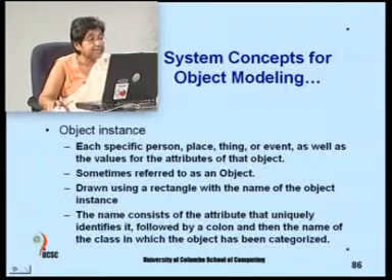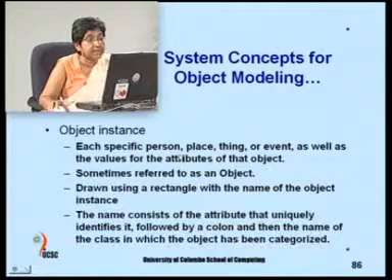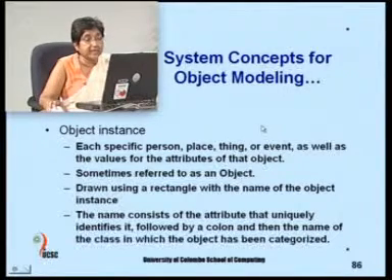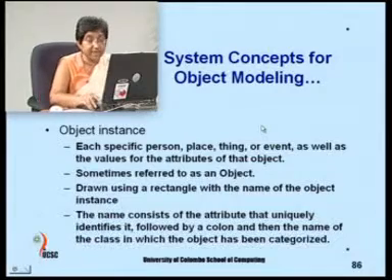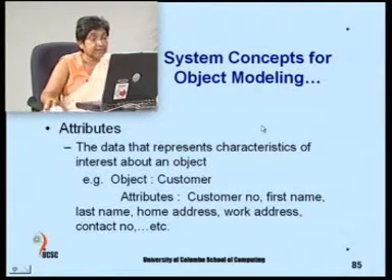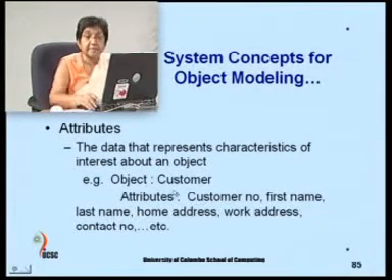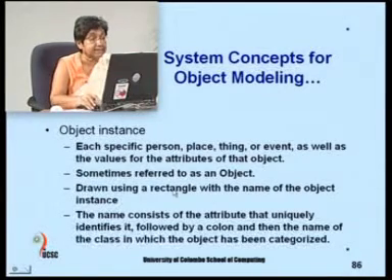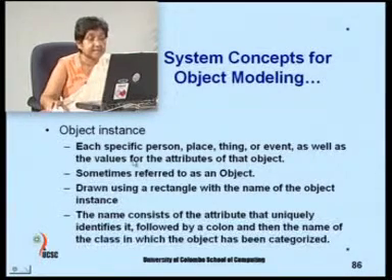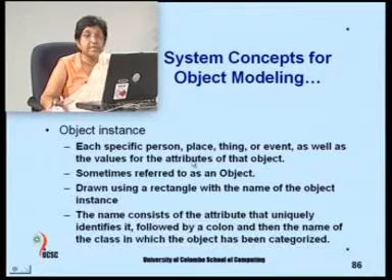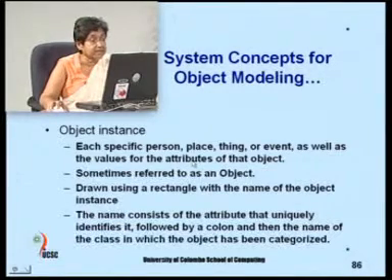An object instance is each specific person, place, thing or event, as well as the values for the attributes of that object. For example, if we take the object called customer, there will be many customers like this, and for each such customer we have to store these attributes.